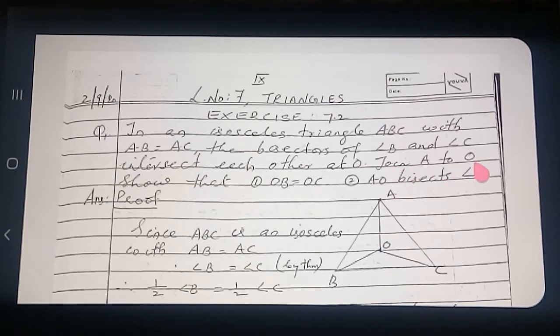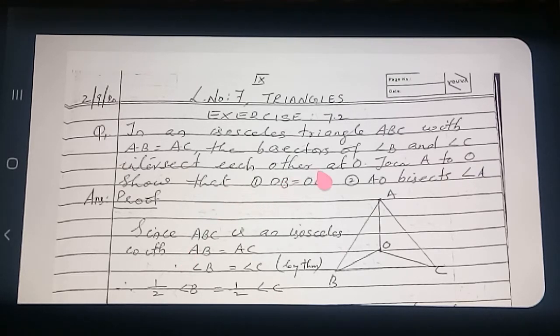Join A to O. So BO is the bisector of angle B and CO is the bisector of angle C. The bisectors of angle B and angle C intersect at which point? O. Then you want to join this point O and A. Now you join A. Now, what is your first question? What do you want to prove in the first part?